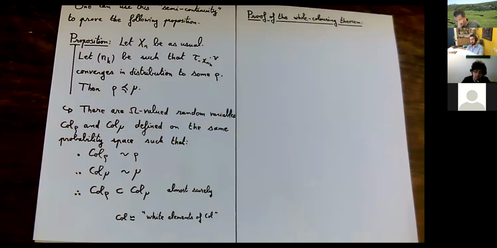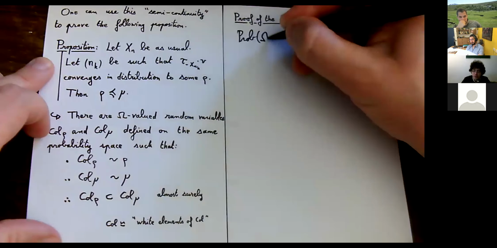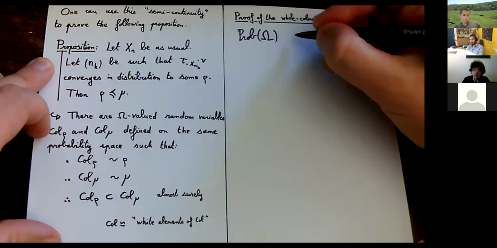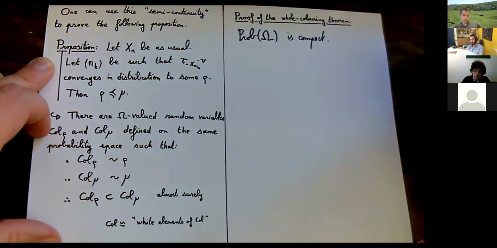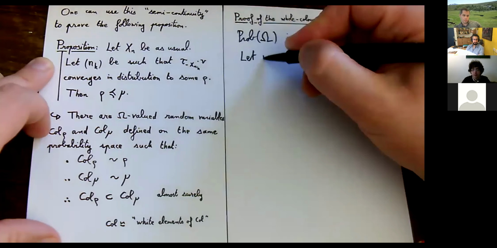So recall that omega is compact. So the space of probability measures on omega is itself compact. So it suffices to prove that all sublimits are equal to mu.